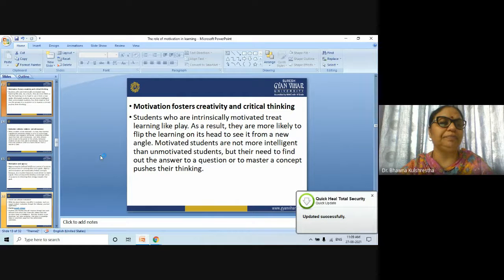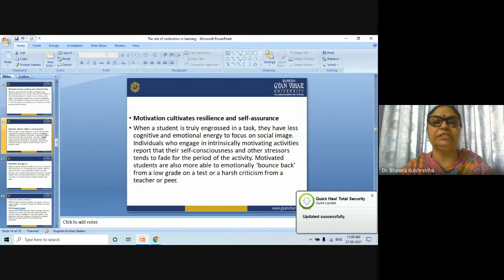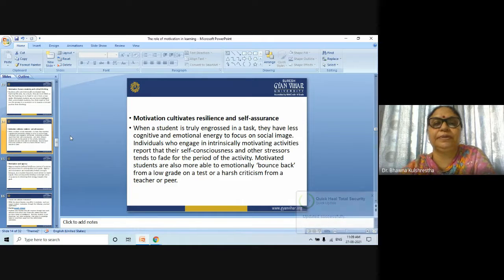And the next is that motivation cultivates resilience and self-assurance. When a student is truly engrossed in a task, they have less cognitive and emotional energy to focus on social image.